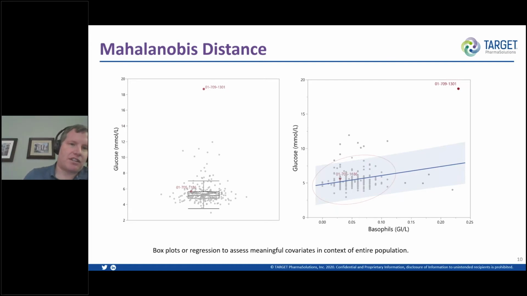We don't necessarily have to look at individual plots per se, but they could follow up on those particular data points that are seen as problematic.